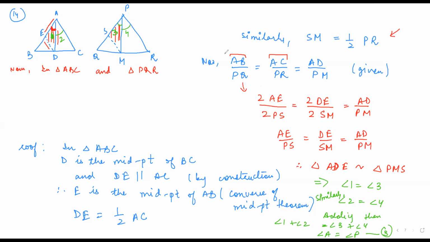The two sides are already given, that AB upon PQ is equal to AC upon PR, proportion. Now the middle angle I have shown that angle A is equal to angle P. So I can say that by SAS criteria, triangle ABC is similar to triangle PQR, which I was supposed to show.